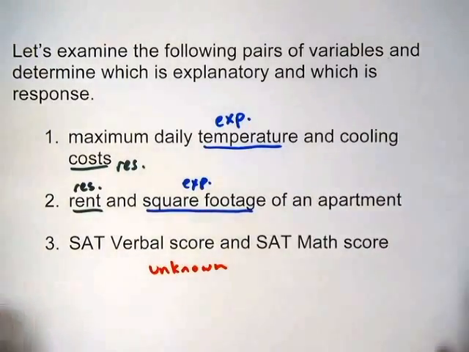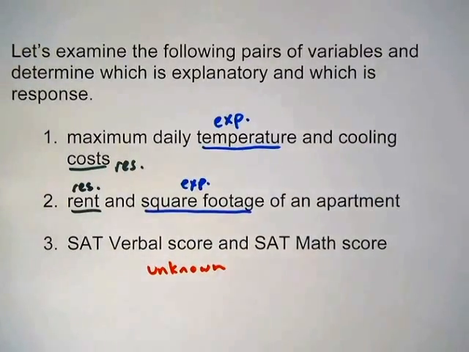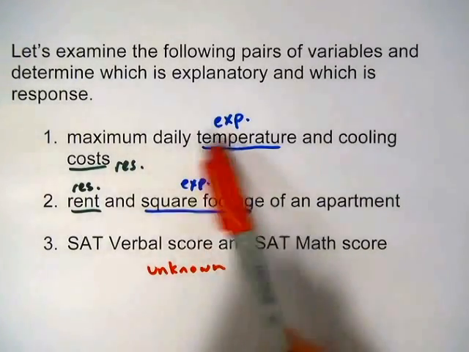And really, if we wanted to know the relationship between the two, we might need to do some sort of controlled experiment to figure out if one does seem to cause a change in the other. But right now, I wouldn't be comfortable assigning one as explanatory and one as response. So those are just a couple examples of thinking about which one causes a change in the other.